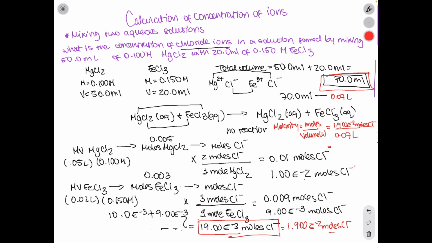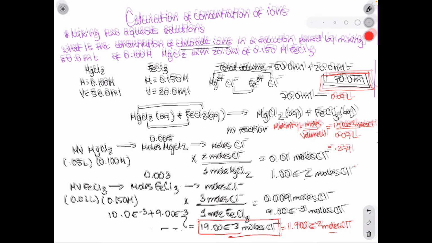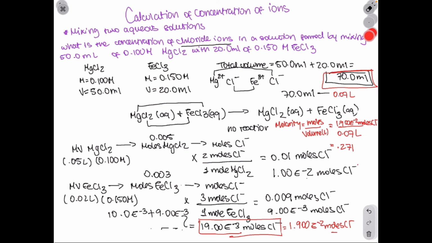Let me put it in the calculator. That's gonna give me 0.271. So then the answer will be 0.271 molarity, the molarity of Cl minus. So that should be it. Thank you.